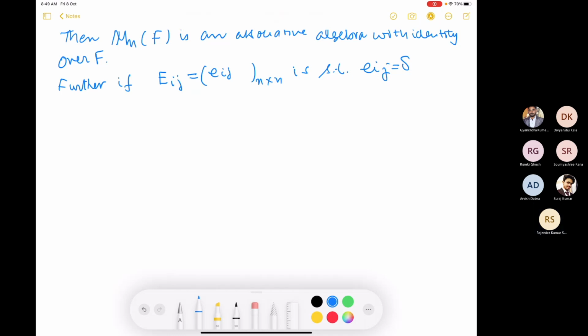This is Kronecker delta. That means, so... This has nothing to do with Kronecker delta.